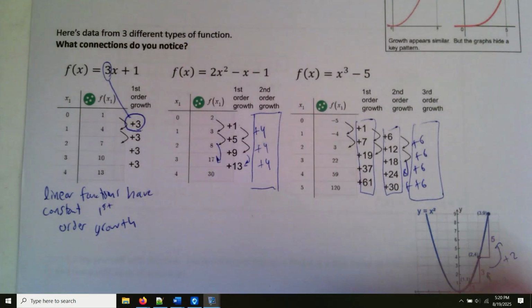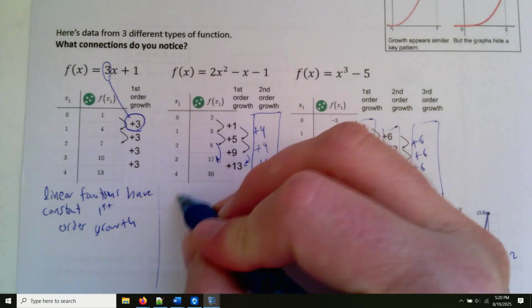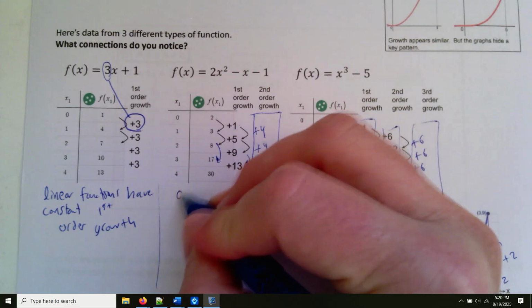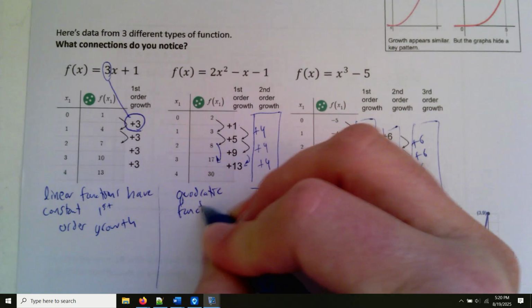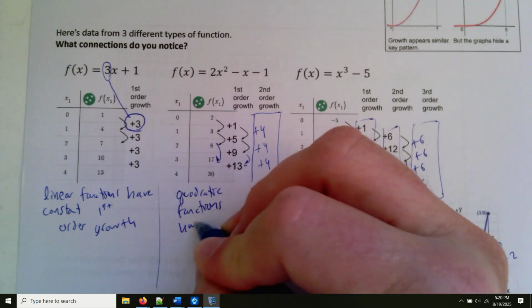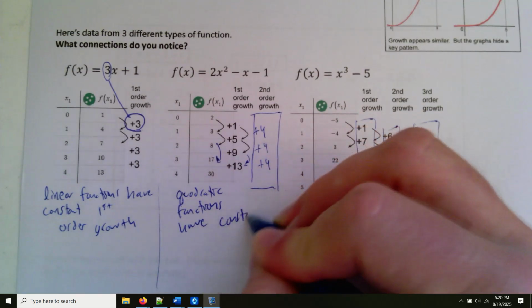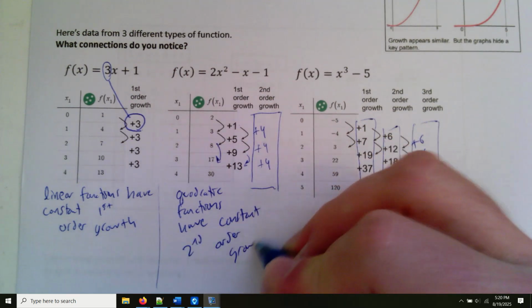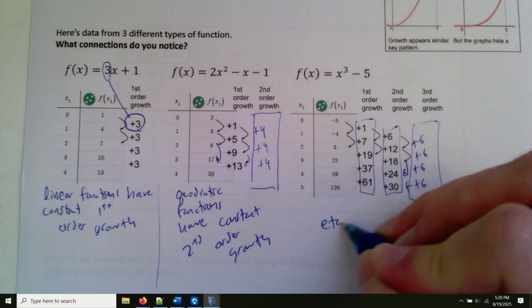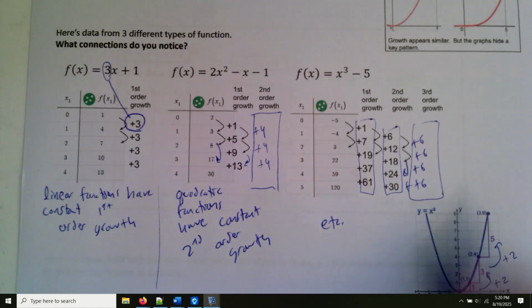It's coming out poorly. Quadratic functions have constant second order growth, and so on. An x to the third equation has constant third order growth.